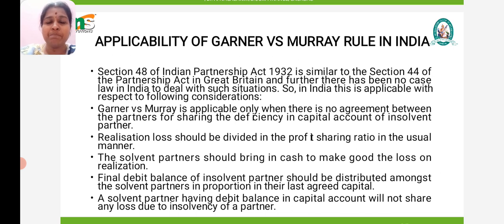The same thing is taken as an example and adopted in Indian law as Section 48 of the Indian Partnership Act 1932 with some considerations. We can see what those considerations are. Garner versus Murray rule is applicable only when there is no agreement between the partners for sharing the deficiency in the capital account of the insolvent partner.